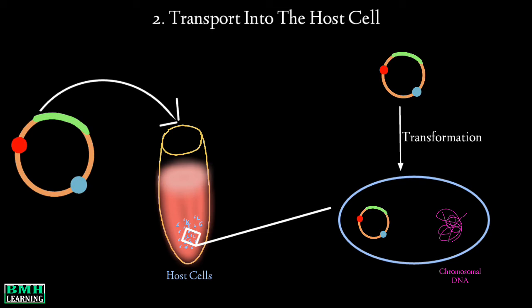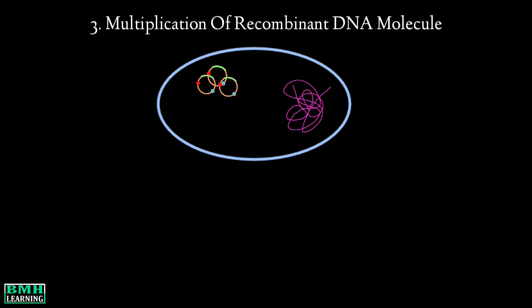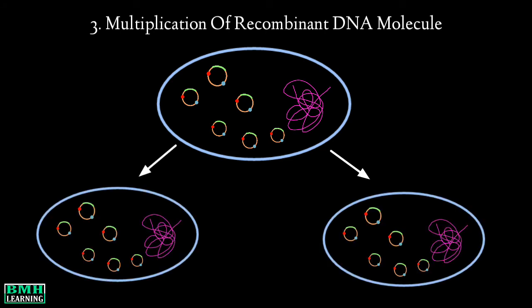This leads us to the third step, multiplication of recombinant DNA molecule. So within the host cell, the vector multiplies, producing numerous identical copies not only of itself, but also of the gene that it carries. And when the host cell divides, copies of the recombinant DNA molecule are passed to the progeny and further vector replication takes place.